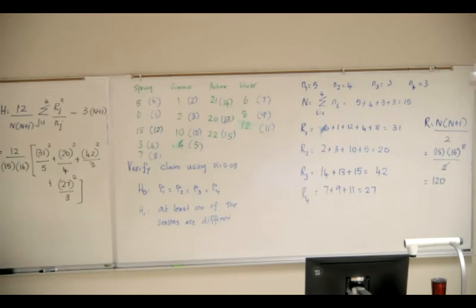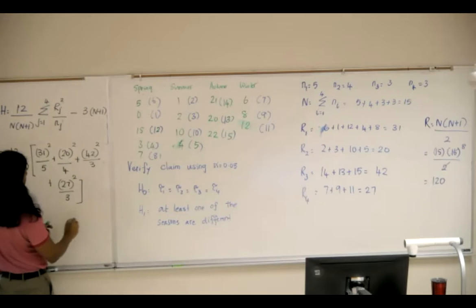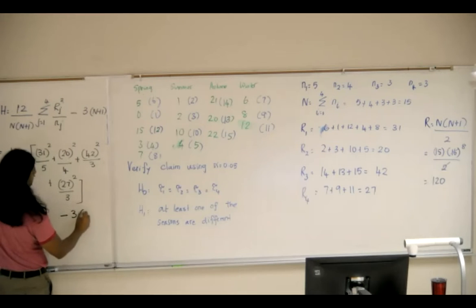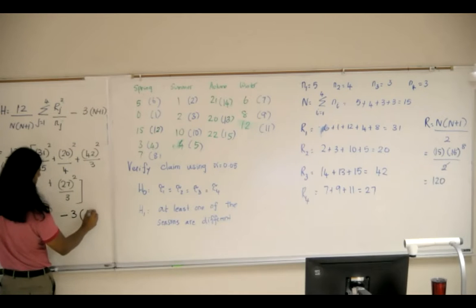So rank sum for the first sample, 31 squared divided by the first sample size, 5; 20 squared, second rank sum divided by the second sample size, and so forth, minus 3 times 15 plus 1, 16.